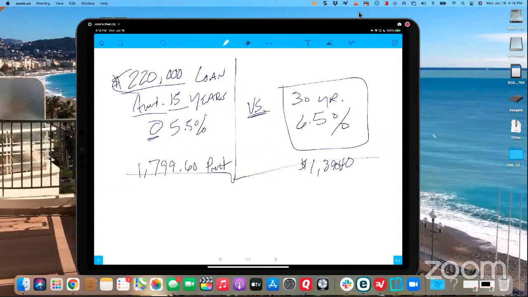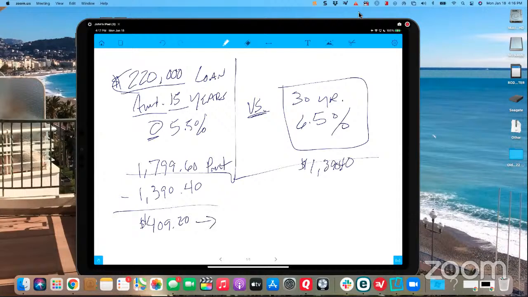So let's bring that over here. If they're wanting to know the difference in the payment savings, you would take 1,799.60 and subtract 1,390.40, and that gives us $409.20.